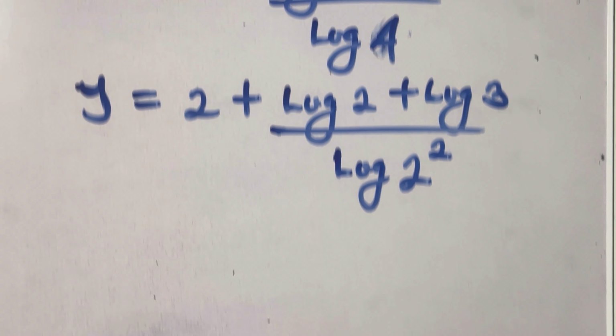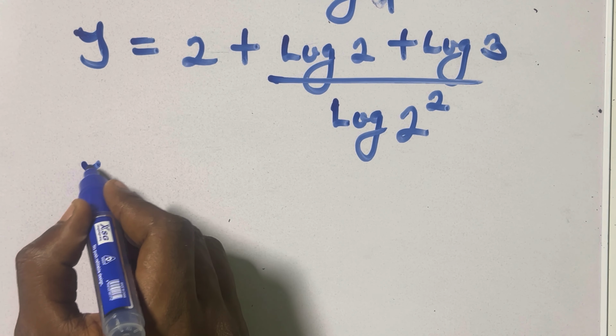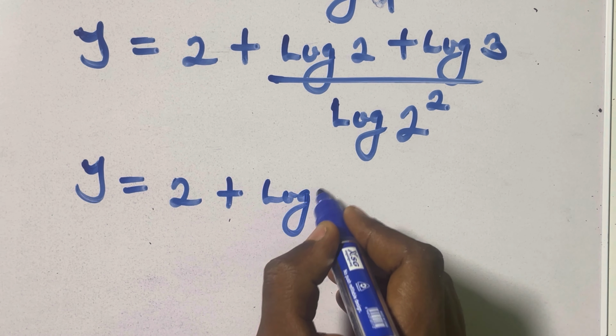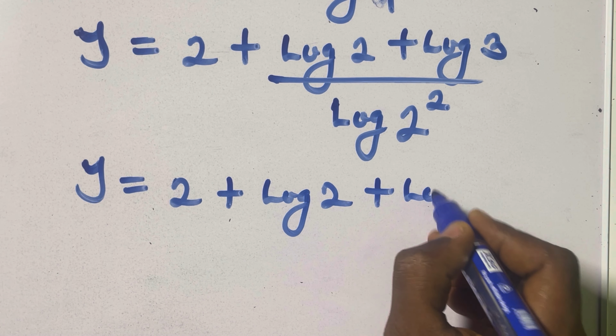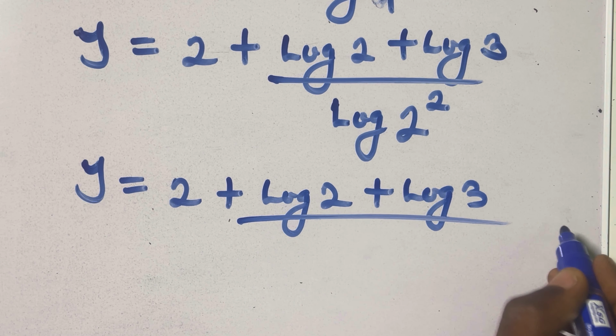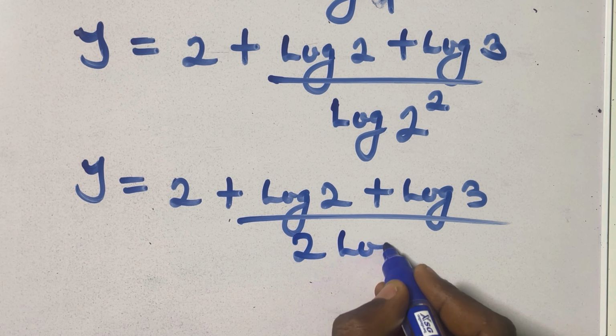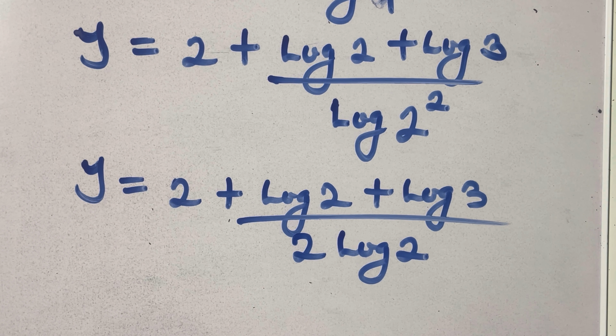So then y will be 2 plus log 2 plus log 3, and applying the property of logarithm, 2 log 2.